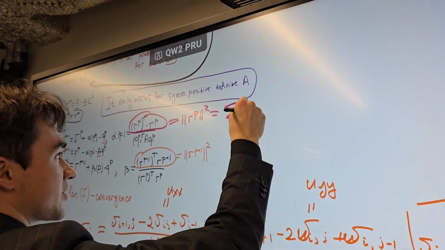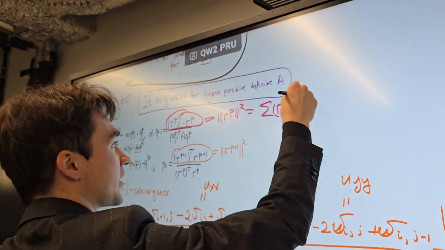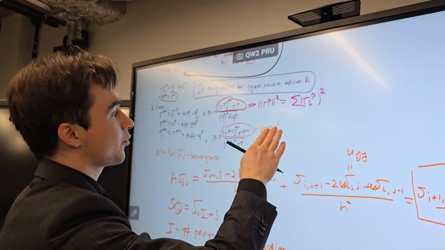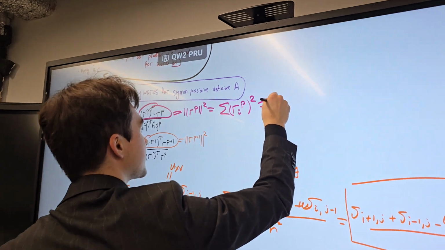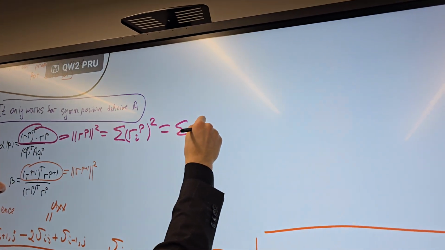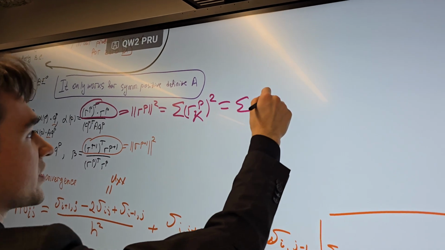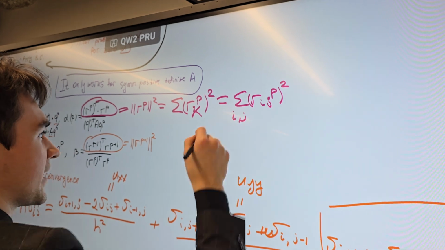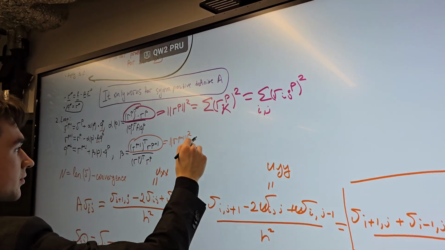So it can be something like ri p squared, and we don't care whether it's a 1D array or a 2D matrix. So I will say that it's actually Rij, and let's put here letter k so we don't mix notations. And here we sum over ij. The same is true here.